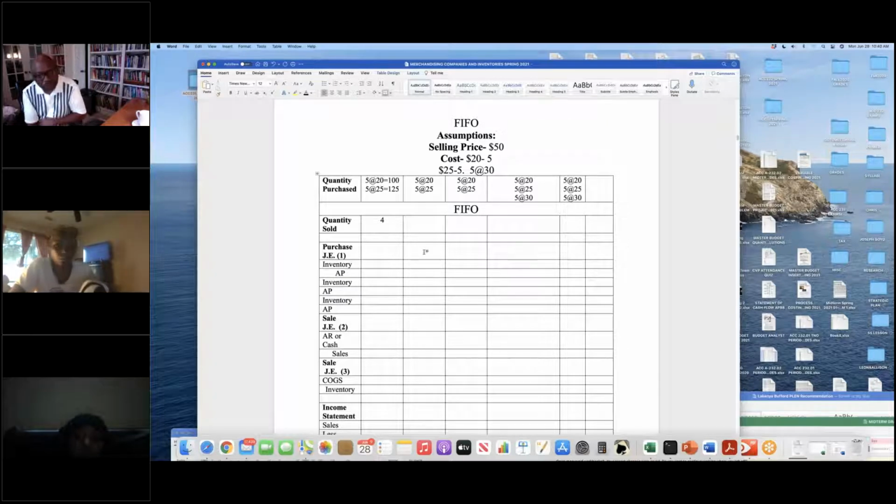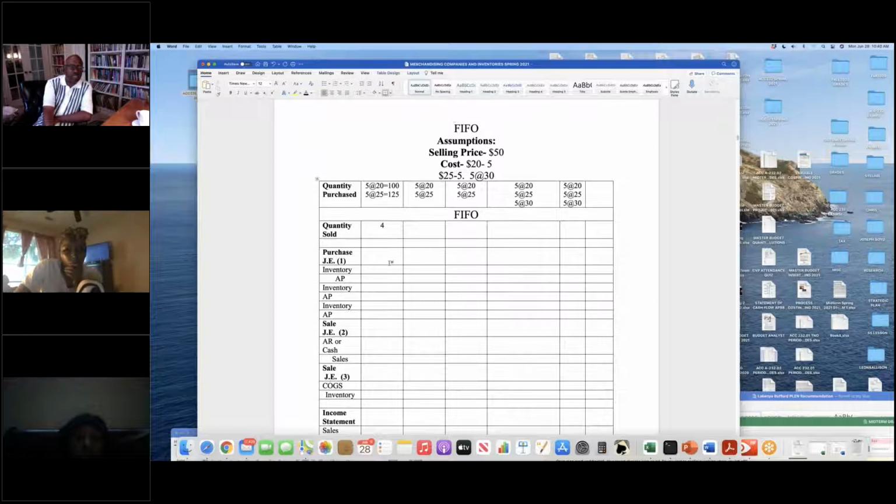Okay, so now we've got 2 different purchases. So first of all, we buy 5 at 20. So we're going to debit inventory for what? For $100. We're going to credit accounts payable for 100. Then we buy them again, buy another 5, but now we buy them at what, 25.